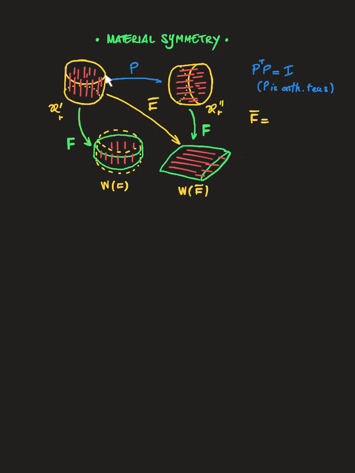So you would first apply P, and then you would apply F. It is very easy to check that this F bar is in fact equal to F P, if you agree with me. Because if you apply this to a fiber, first P brings the fiber here, and then F brings that rotated fiber to the current configuration.